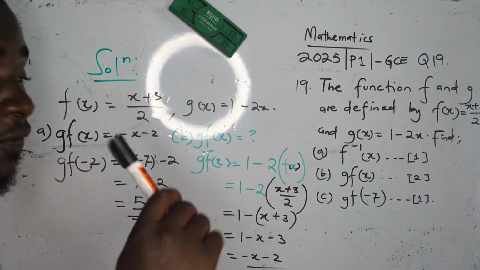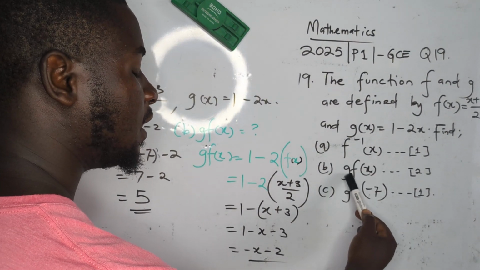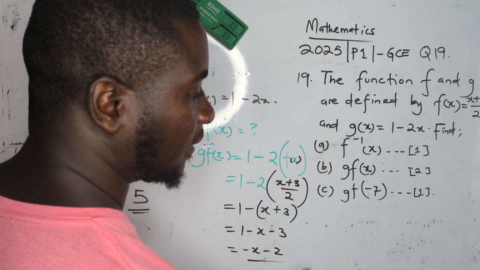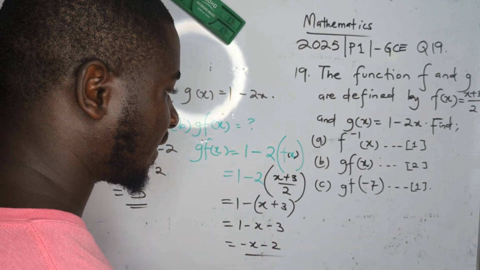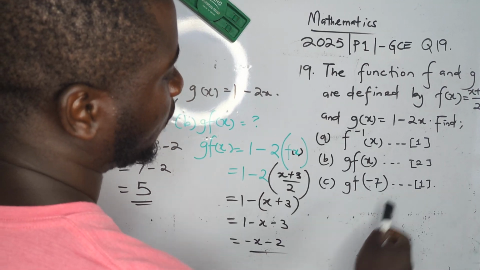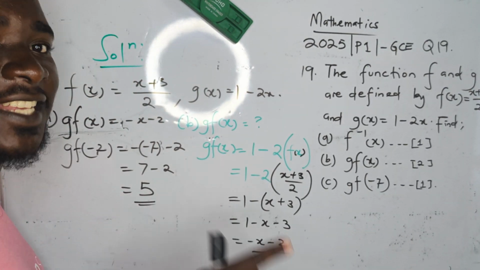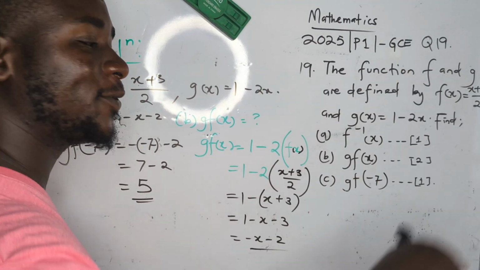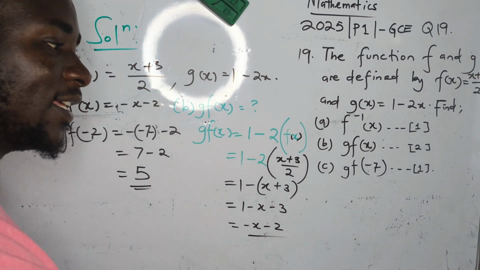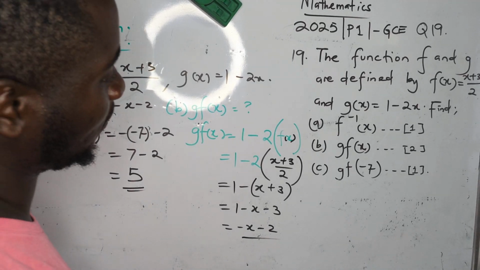What you have to do first is go to g of f of x, and then that's when you'll be able to find this. So in that case, you may even find that the marks here will change from maybe 1 to 2, because the examiner is expecting you to go first to g of f of x. That's when you plug in the value to find the solution.